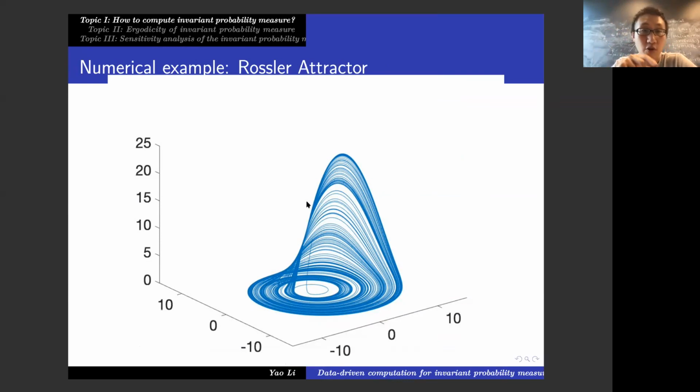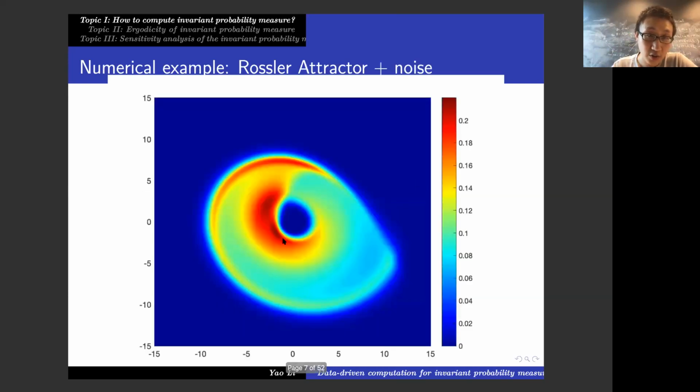How would the dynamics interplay with noise, and what does this invariant measure look like? For example, we all know that strange attractors have non-integer dimensions. How does this non-integer dimension reflect on the invariant probability measure when the noise gets smaller and smaller? All of these questions are, I would say, largely open.